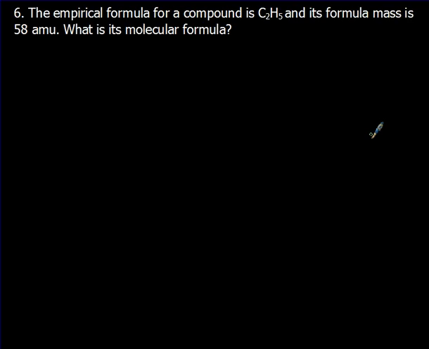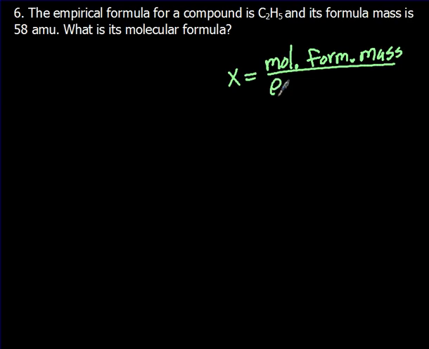All right, so when calculating molecular formulas, there's one thing you want to keep in mind, and that's this equation. On top, we're going to find x, and I'll show you what to do with x in a minute. With this equation, it's the molecular formula mass at the top with the empirical formula mass on the bottom.